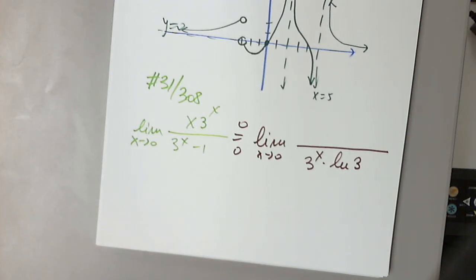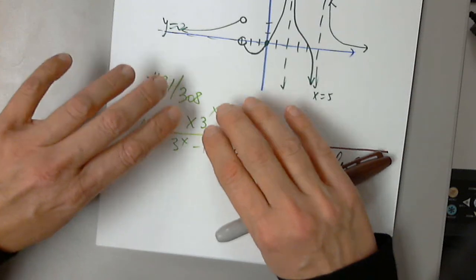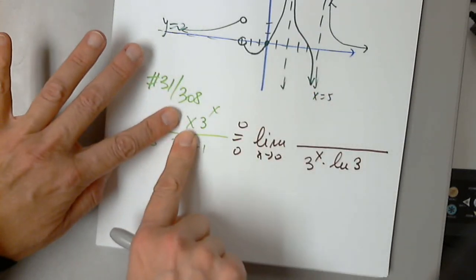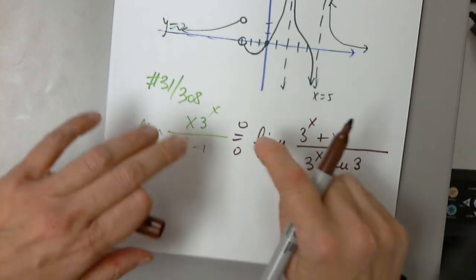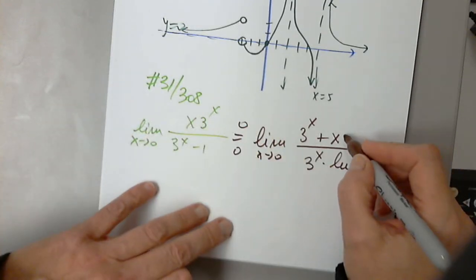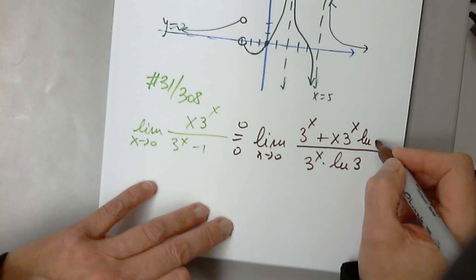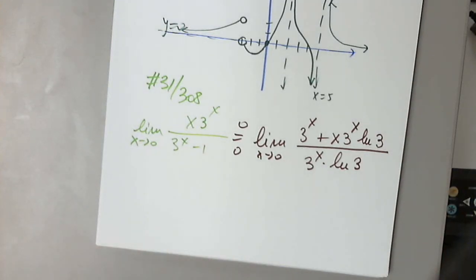Now the top is a product, so I have to differentiate it as a product. The first function prime is 1 times 3 to the x, plus x times the second function prime, which is still 3 to the x times natural log 3. Is that okay?